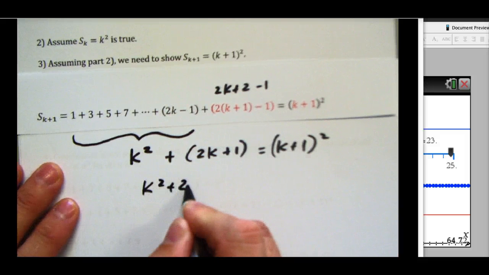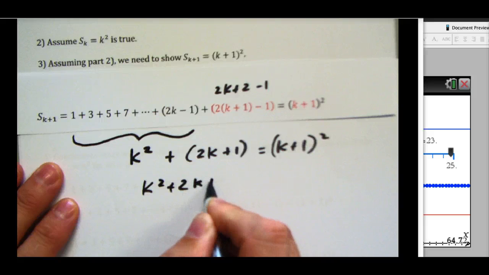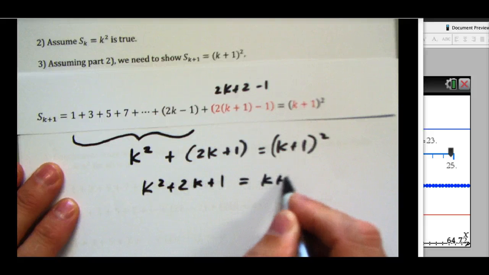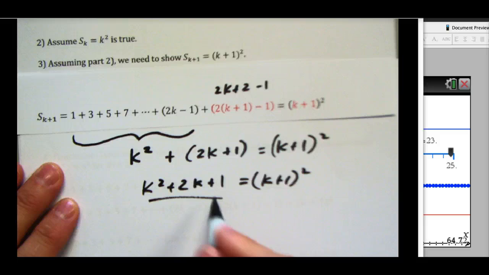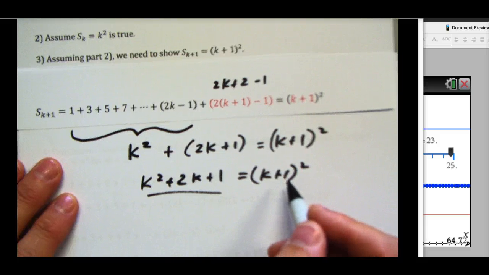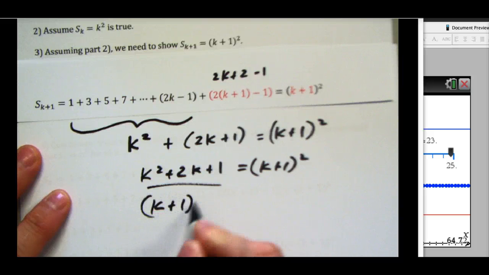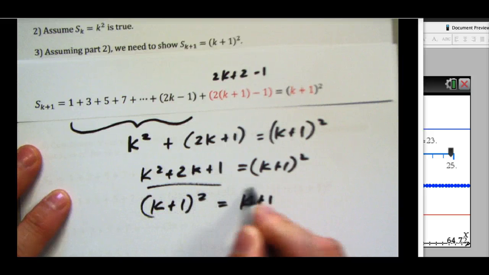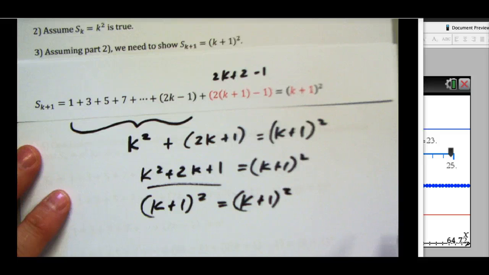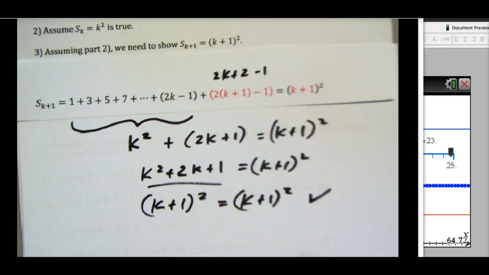K squared plus 2k plus 1. And you should get this side equaling the right side like we did with other things before. You just work on one side. And I factor this, k plus 1 squared is equal to k plus 1 squared like that. And so we do have equality. So we've just verified that this does work for the next term.